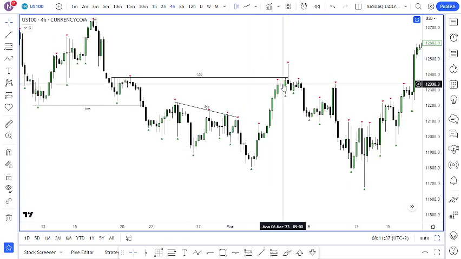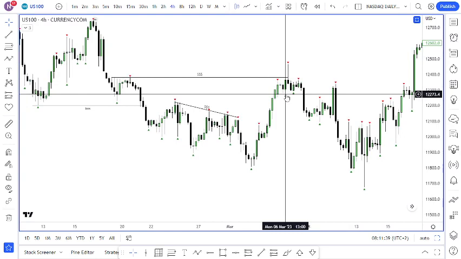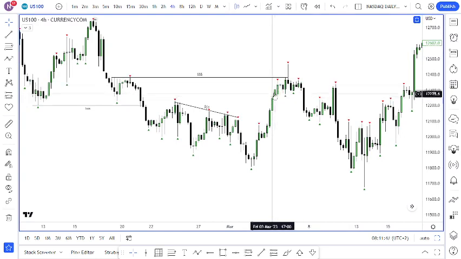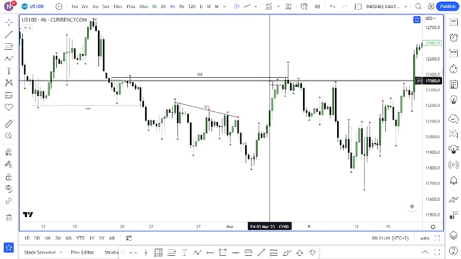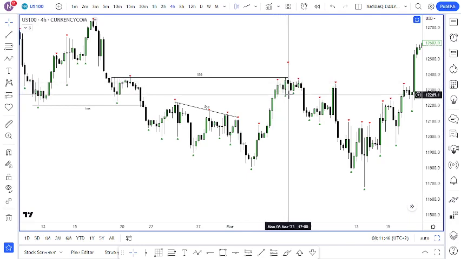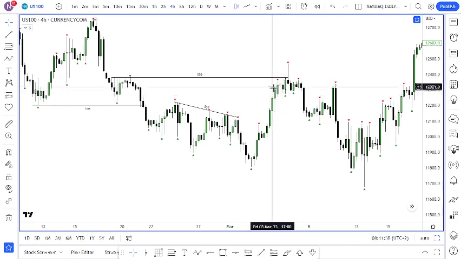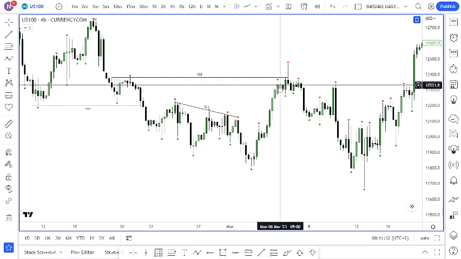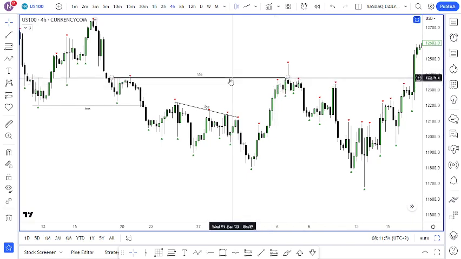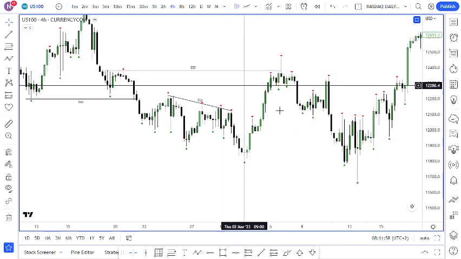So if we look here, when we come into it, here's a good sign, because you see as we come towards this inducement, the market creates a swing high. So we have a turning point here. It's further inducing. It's giving more indication of a respect of this high, of this level of resistance.